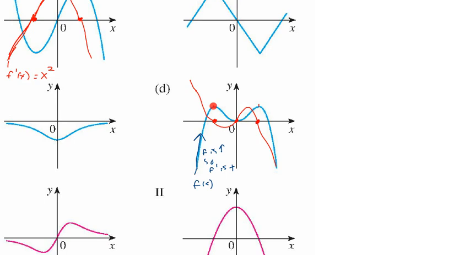All of this stuff down here, in this section here, f is decreasing, so f prime is negative. We're in the negative, we're below the x-axis. F prime is below the x-axis here, right?